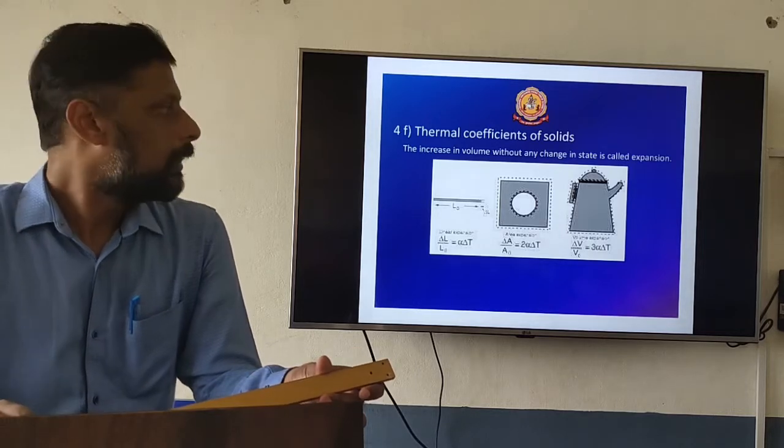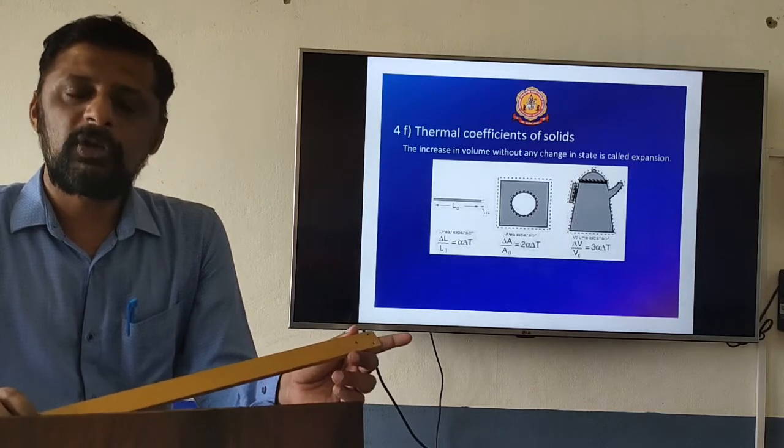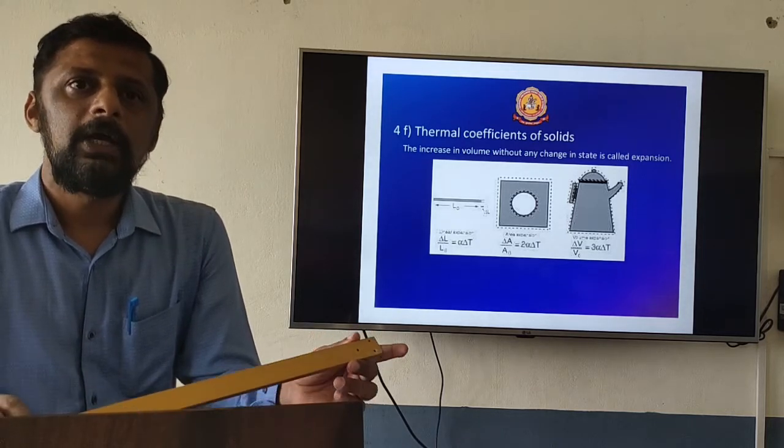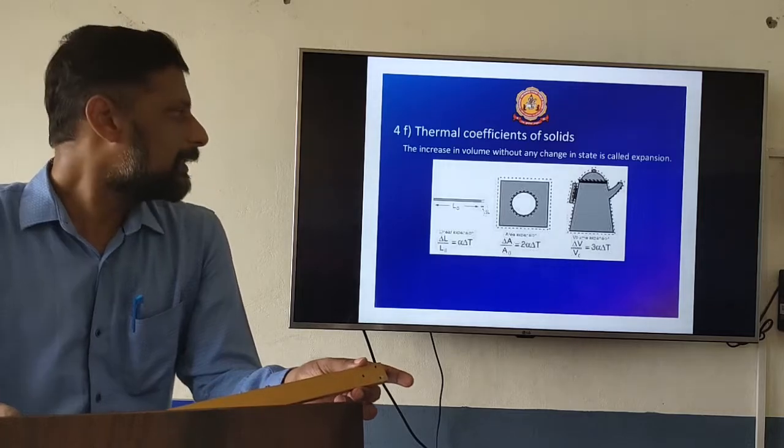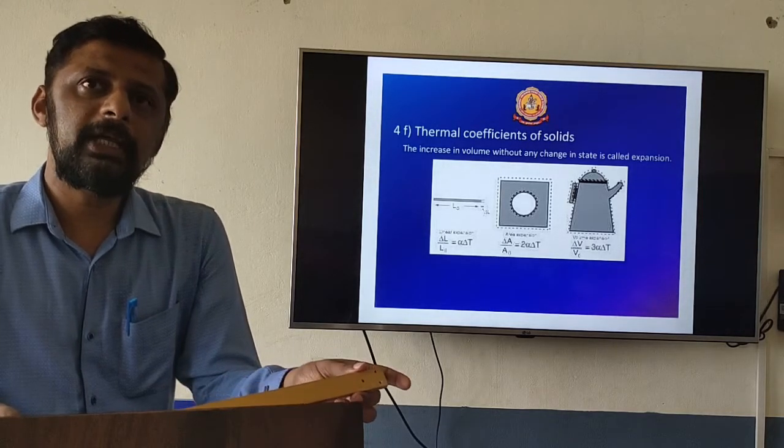So there are three coefficients corresponding to the three types of expansions. First one is the coefficient of linear expansion, that is alpha. How can you find out the coefficient of linear expansion?